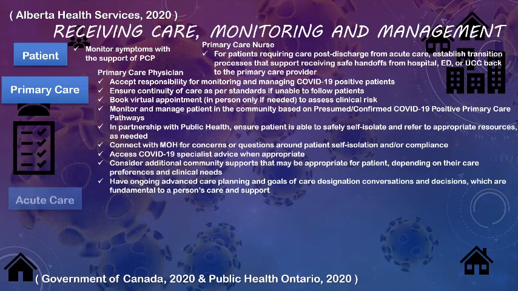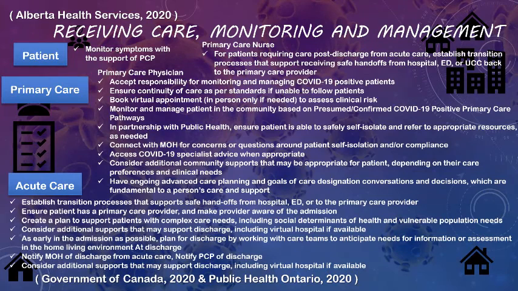In the acute care setting, establish transition processes that support safe handoffs from hospital or emergency department to the primary care provider. Ensure the patient has a primary care provider and make the provider aware of the admission. Create a plan to support patients with complex care needs, including social determinants of health and vulnerable population needs. Consider additional supports that may support discharge, including virtual hospital if available.